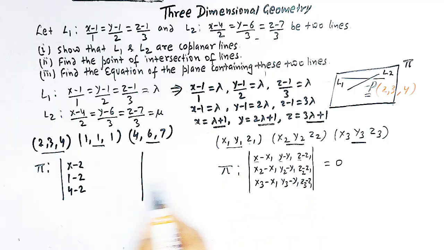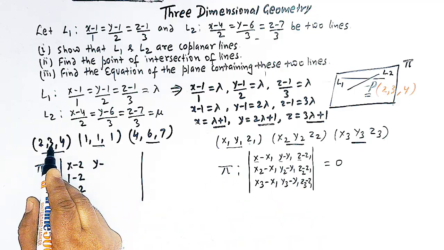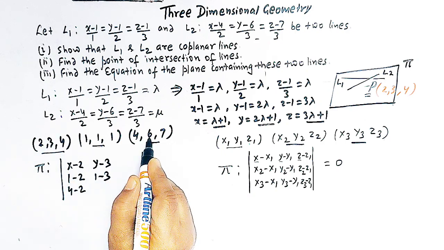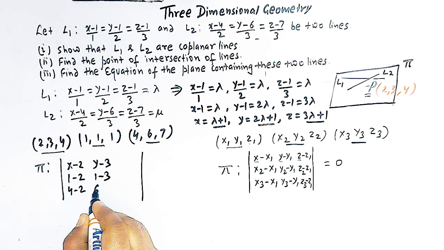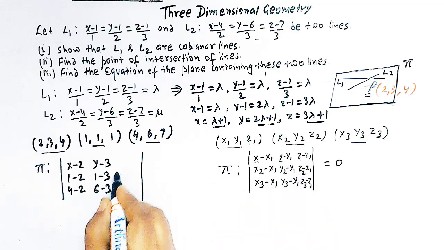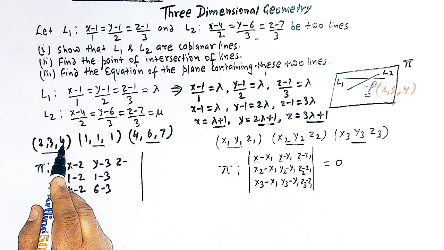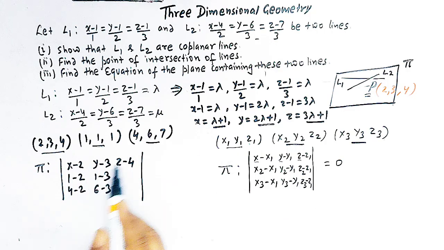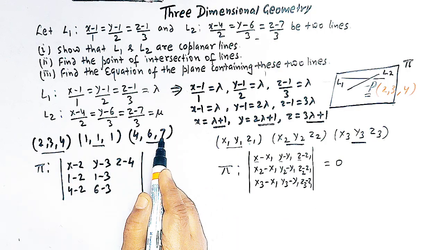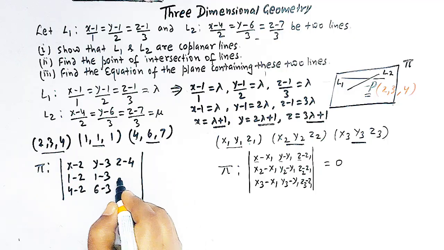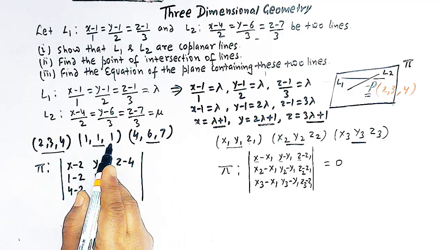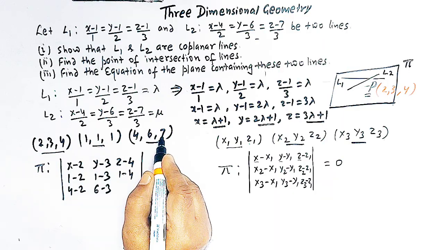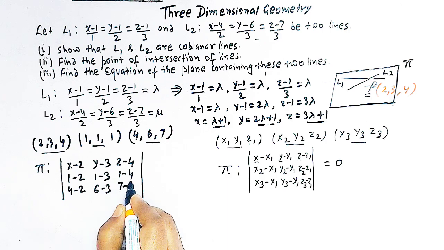And then y minus y1, so we have y minus 3, then 1 minus 3, and then 6 minus 3, and then z minus z1, so z minus 4, and then z2 minus z1, so z2 is 1, so we have 1 minus 4, then 7 minus 4, right?